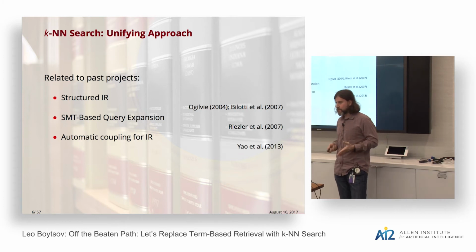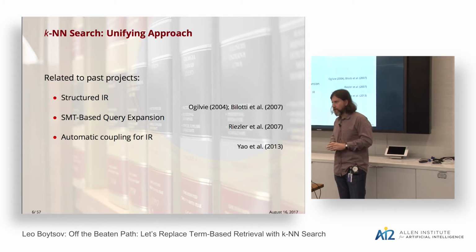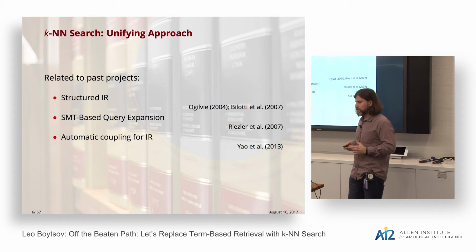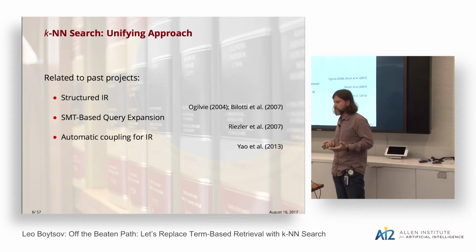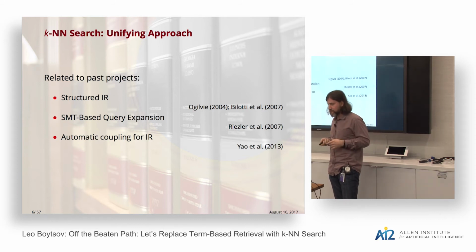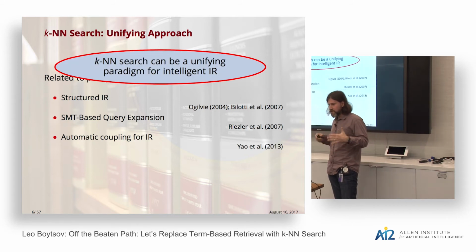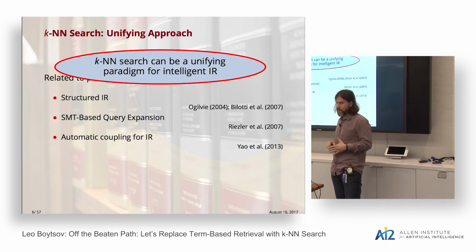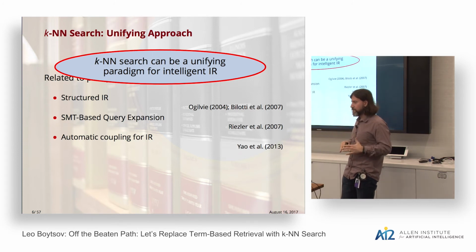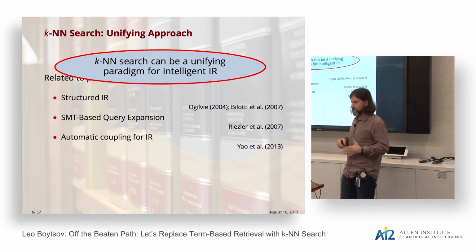It is related to automatic coupling for AR, which was proposed by Alan Ayais, Shuchen Yao, and Peter Clark. And it's also related to structured information retrieval, which was advocated by Matthew Bilotti, Paul Ogilvy, and several other people. But what is nice here is that KNN search can be a unifying paradigm that actually encompasses several ways of doing coupled and structured IR.